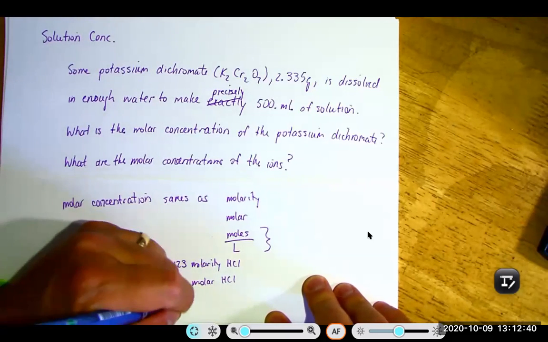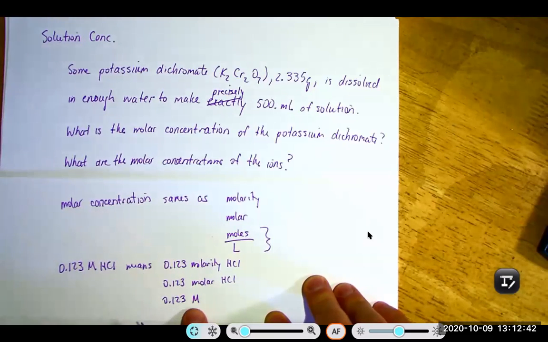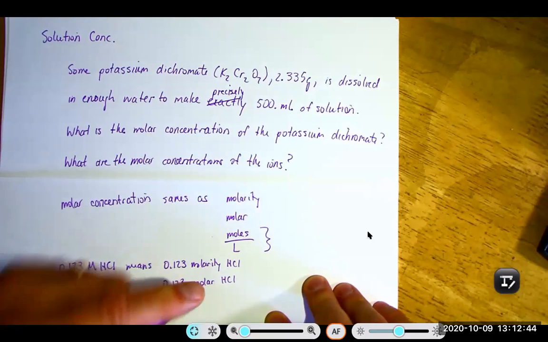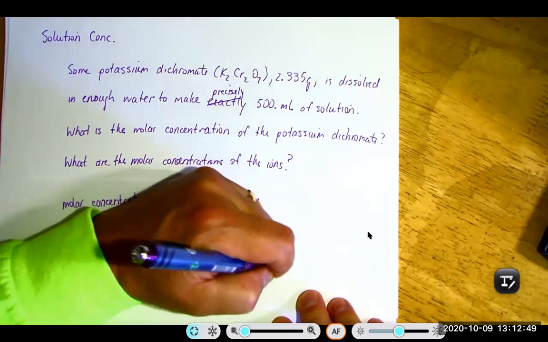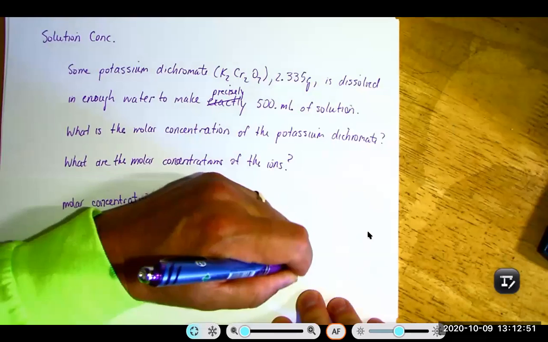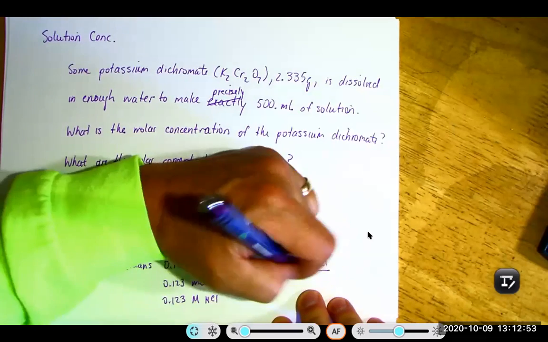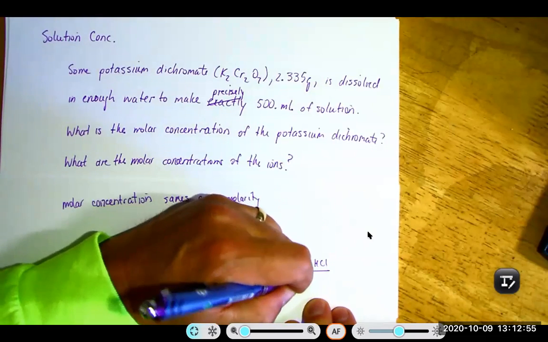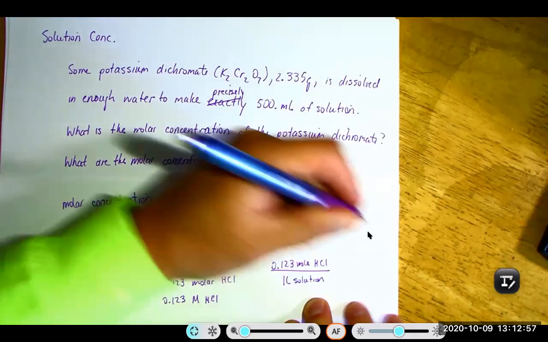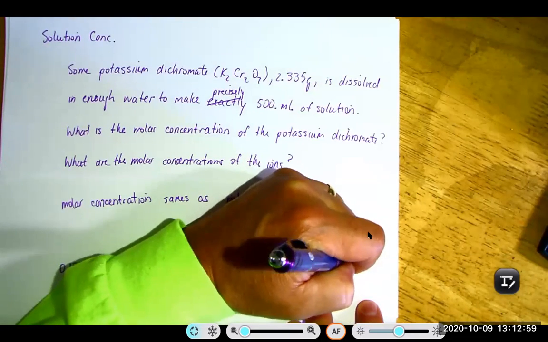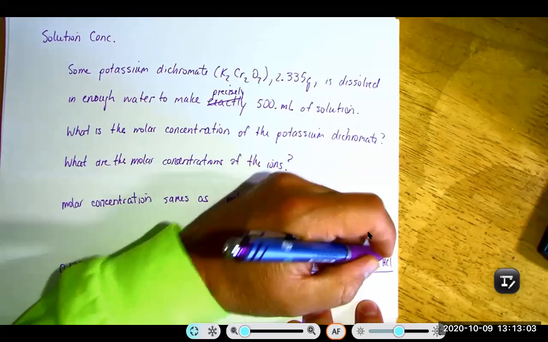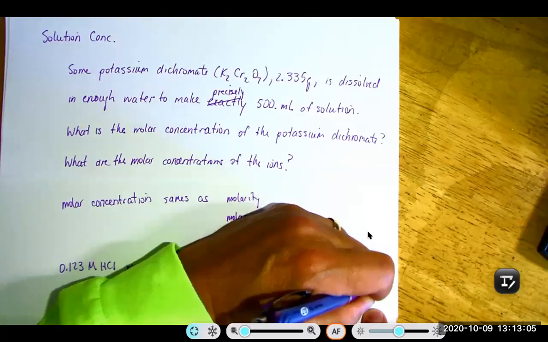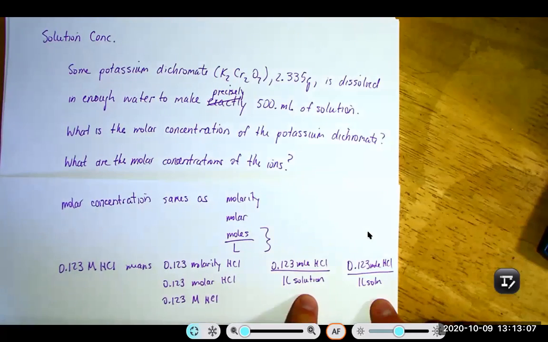We abbreviate molar or molarity with a capital M. And this also means 0.123 moles of HCl per 1 liter of solution. And that is also the same as 0.123 mole of HCl per 1 liter of solution. So we even abbreviate solution. So these all mean the same thing.